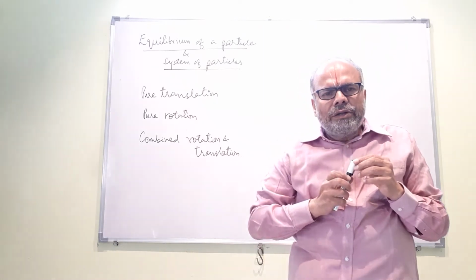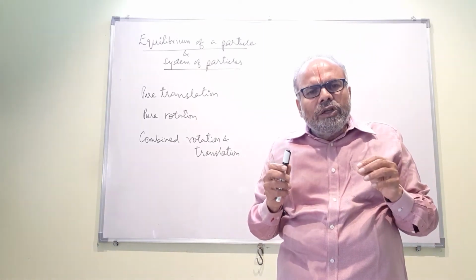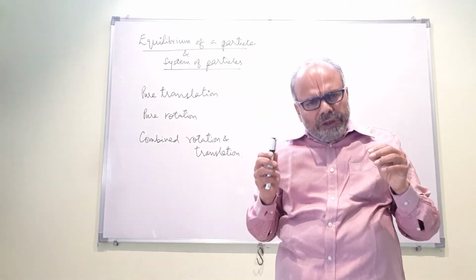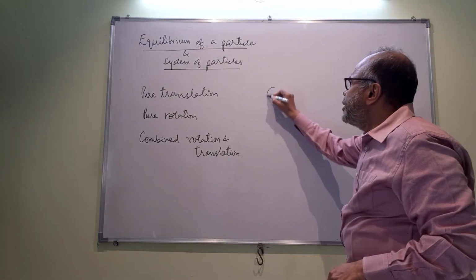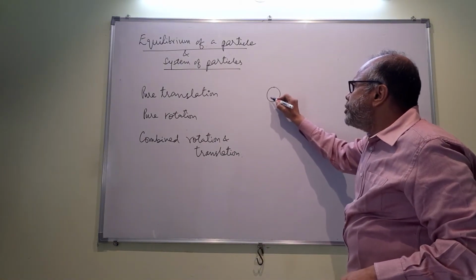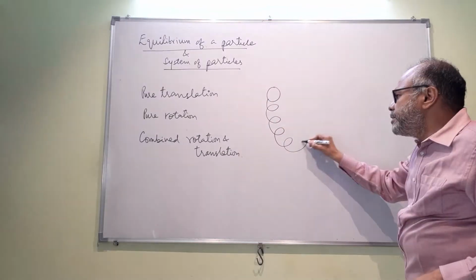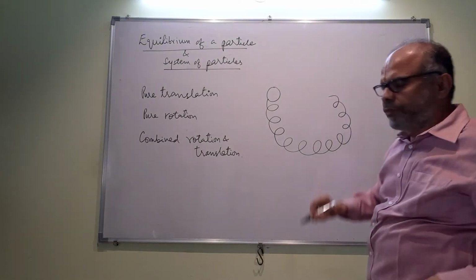On the other hand, if you consider the earth as a system of particles, you cannot ignore the rotation about its axis. Then a point on the earth would be moving like this around the sun. This would be the path.